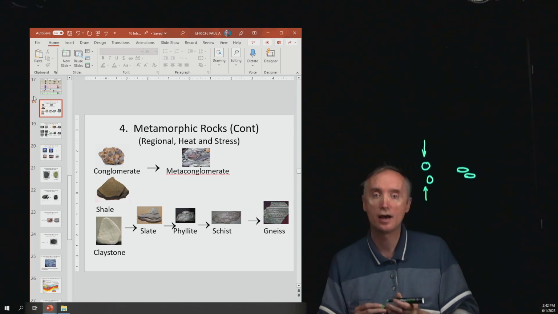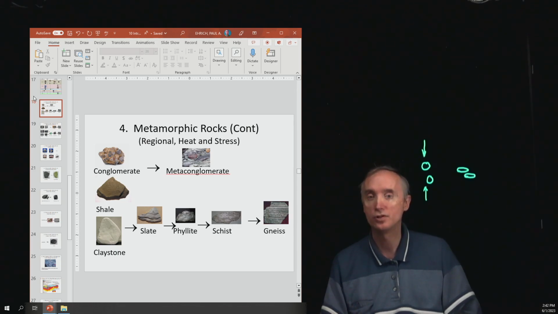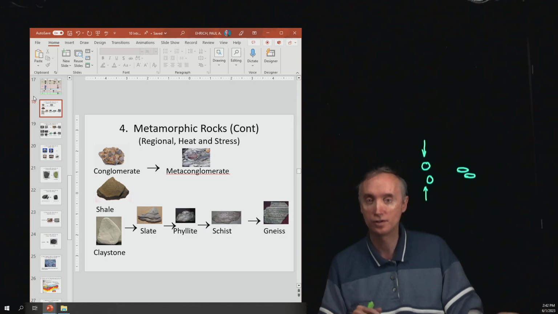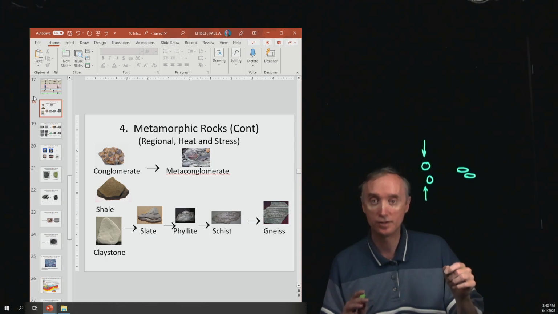Okay, another example of this would be shale, which is a sedimentary rock, and it could be first turned into slate under low heat, but then under higher conditions of pressure and temperature, it then can turn into phyllite.